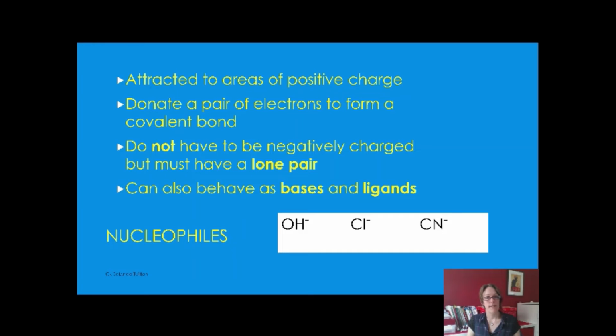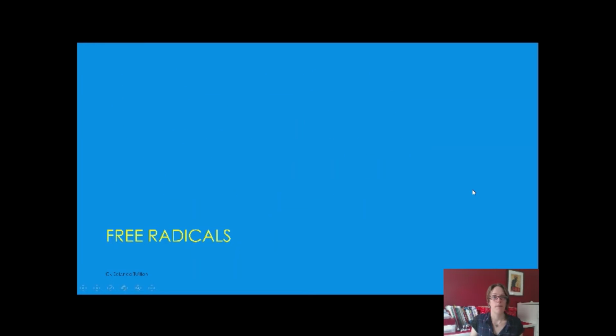So bases, ligands and nucleophiles are all part of the same story. It just depends what they're reacting with as to how we define them. There's our other 3 examples just to prove that we can have nucleophiles that have no charge on them. Water is an excellent nucleophile, as is ammonia, and amines, if you've come across amines yet.